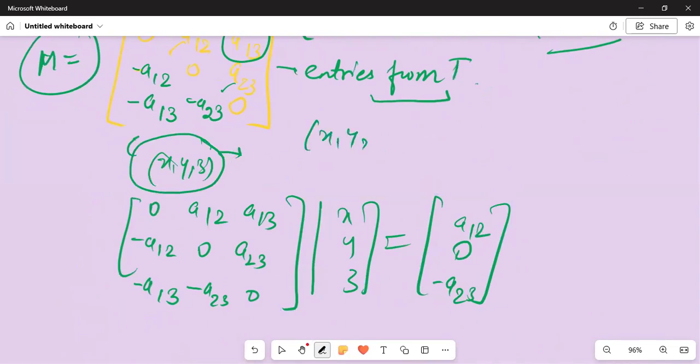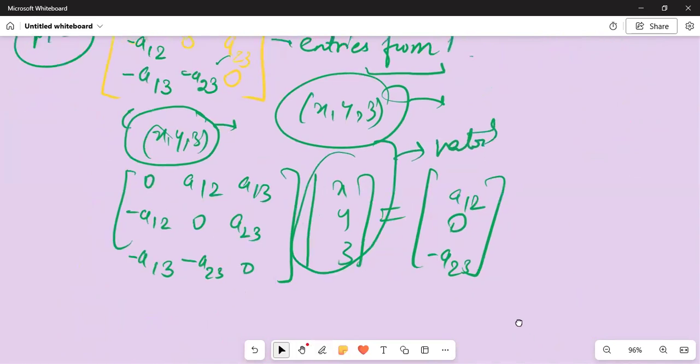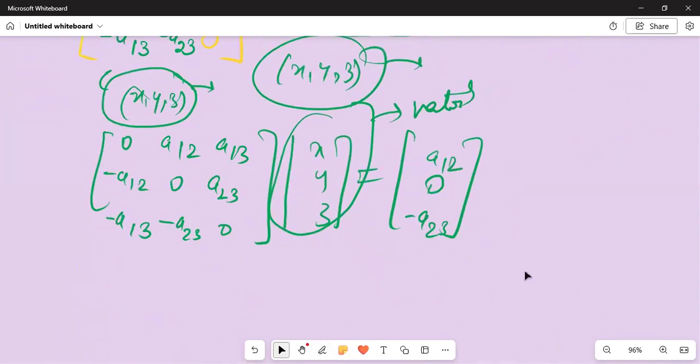The XYZ, how many are possible? We have to find the number of these vectors. That means how many solutions of this linear equation in 3 variables.